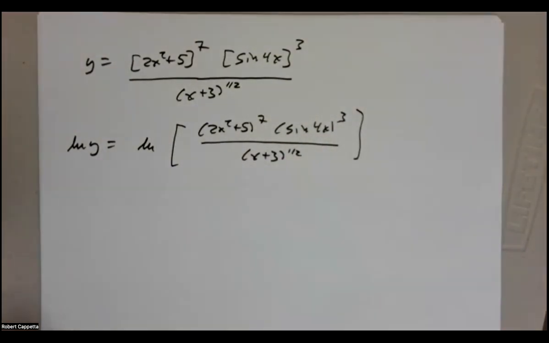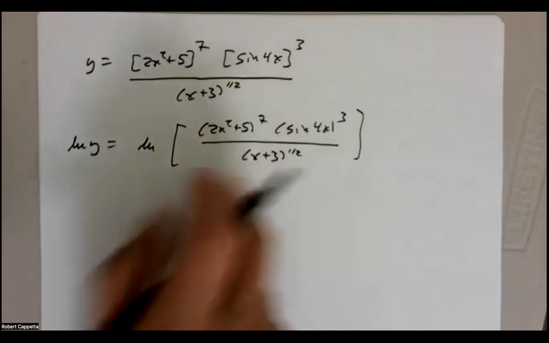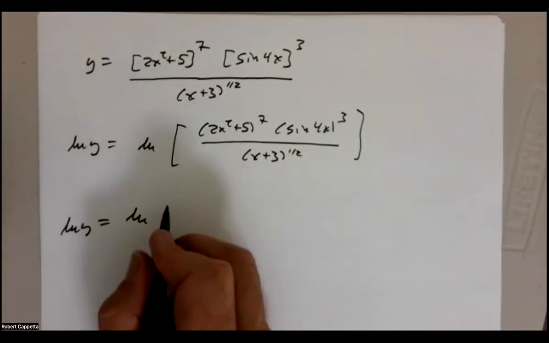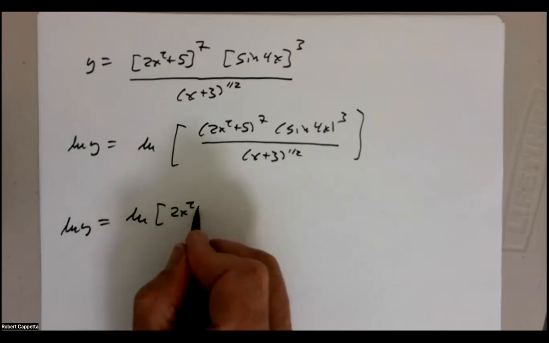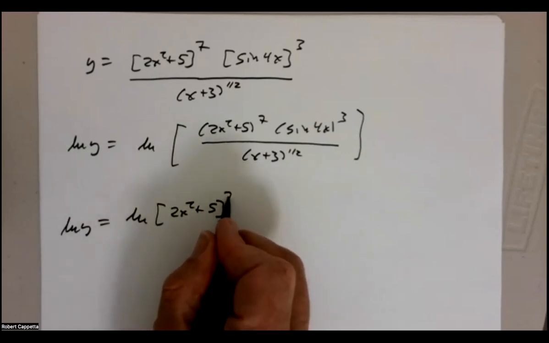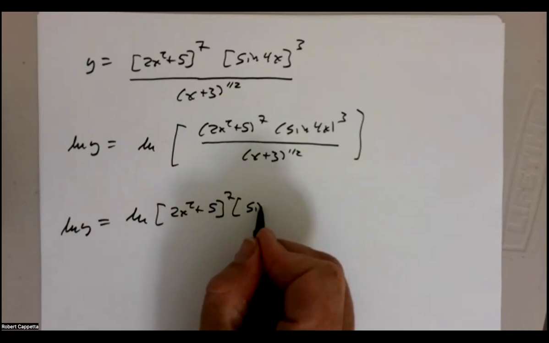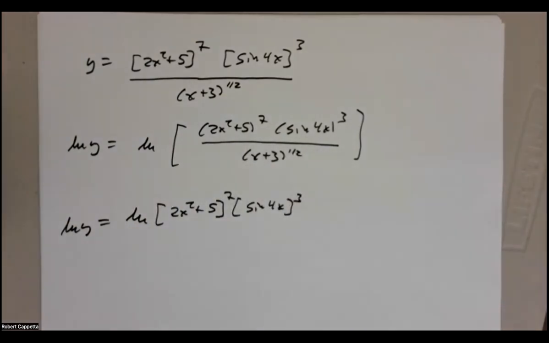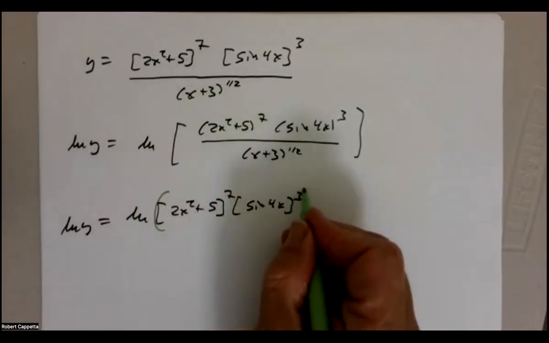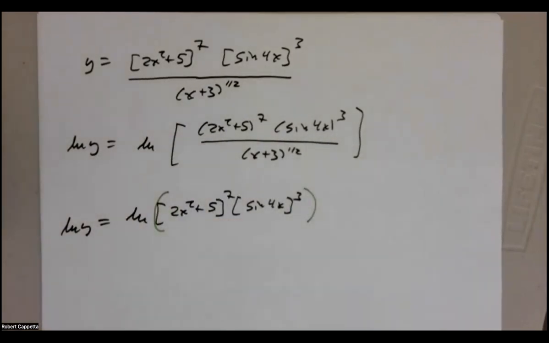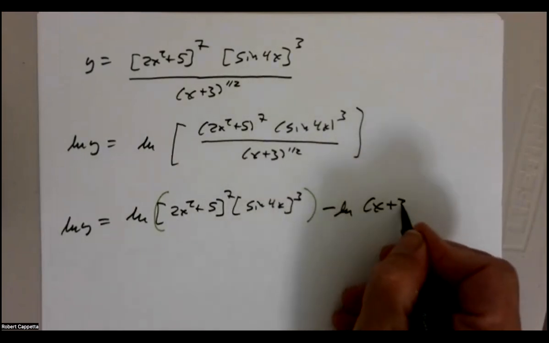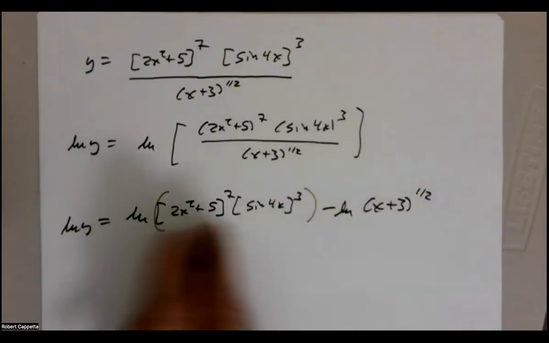The log of the quotient is the difference of the logs, log of the top minus log of the bottom. So log of the top, 2x squared plus 5 to the 7th times sine 4x to the third, and we know we're going to eventually make that a sum, minus log of the bottom. So that's the sum.